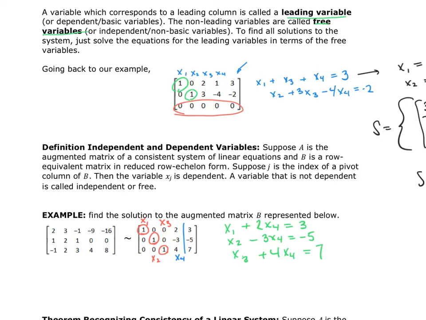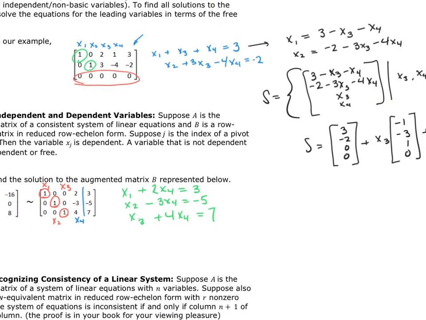And as before, I am going to solve for x1, x2, and x3 in terms of x sub 4. And when I do that, I've got x sub 1 is equal to, I do the constant first, 3 minus 2x sub 4. X sub 2 is equal to negative 5 plus 3x sub 4. And x sub 3 is equal to 7 minus 4x sub 4.